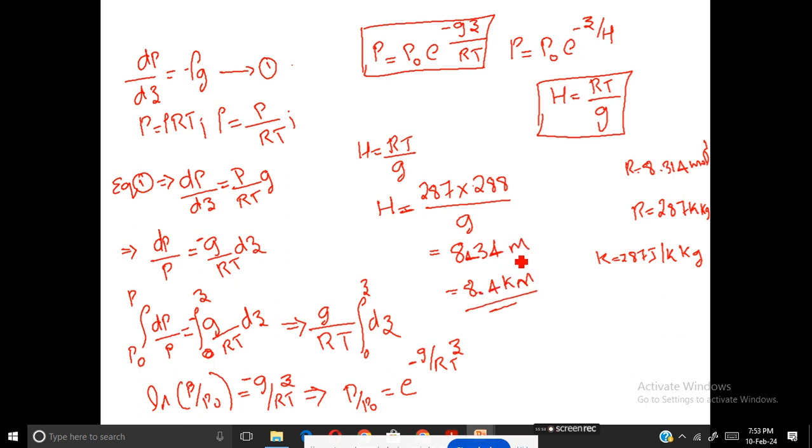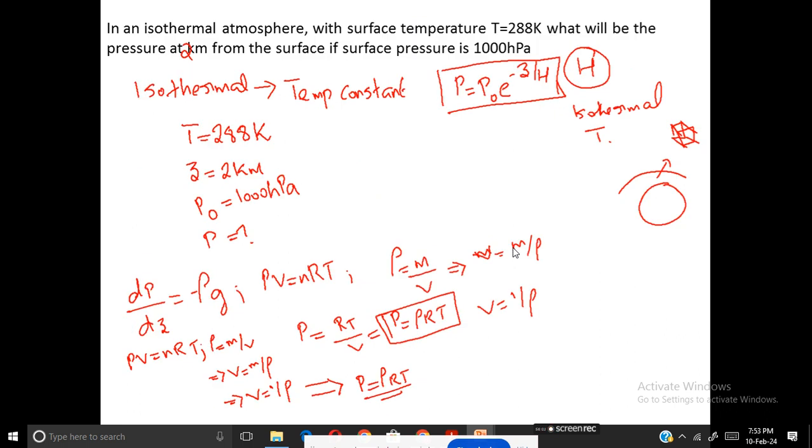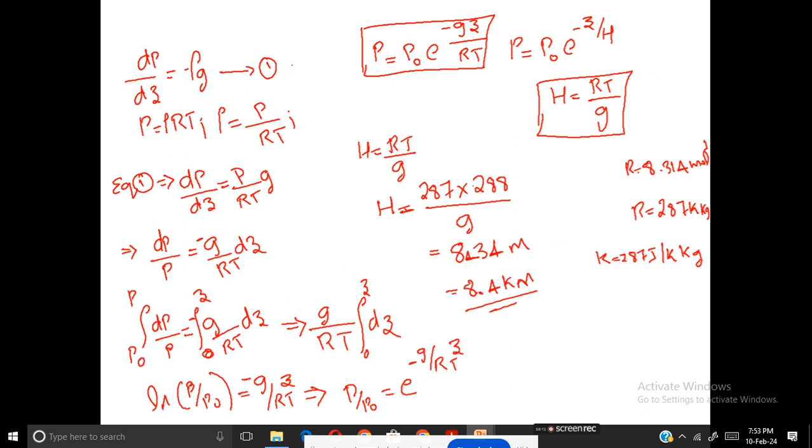Answer is correct. So it will be 8.4 kilometer basically.